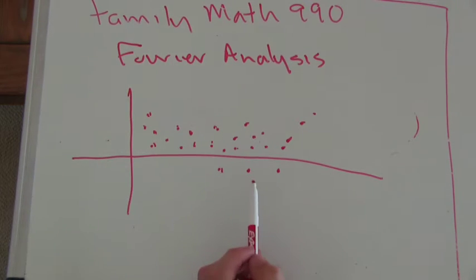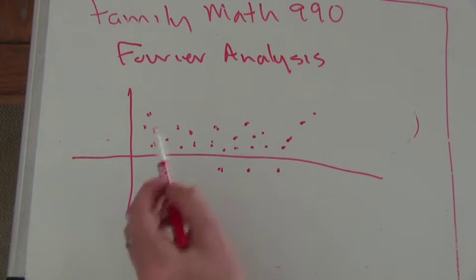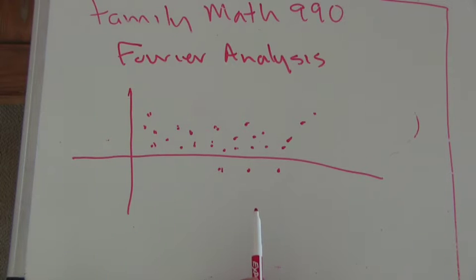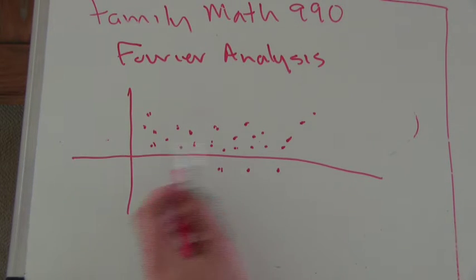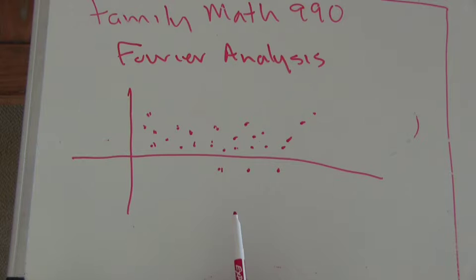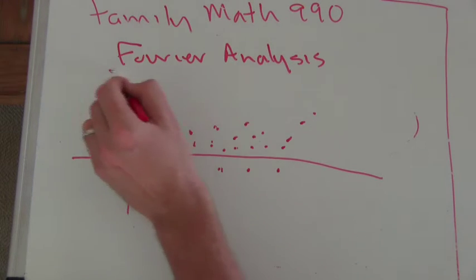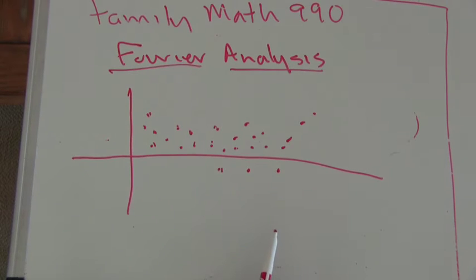And this just looks a lot like noise to you. It just looks like random dots because, in this case, I really have put random things down. There's something in calculus called Fourier analysis that allows you to pick out signals out of this if they're there.